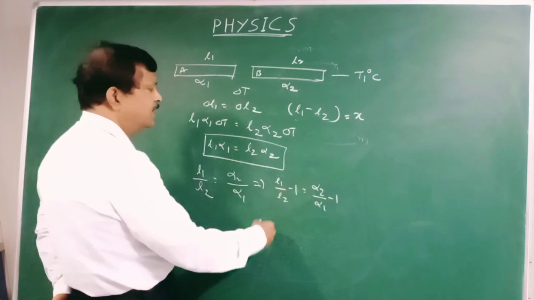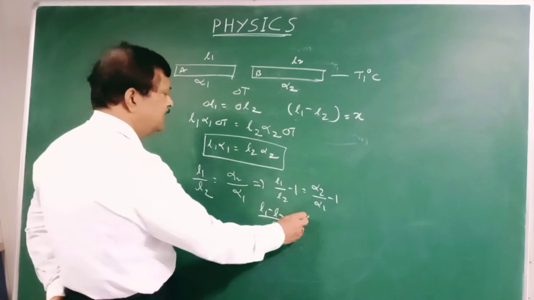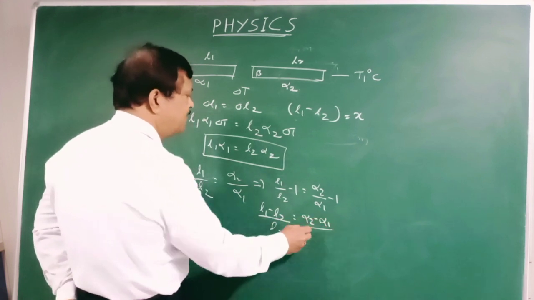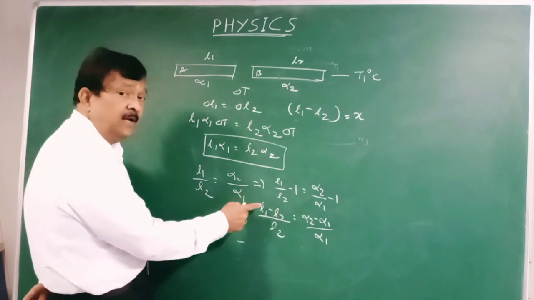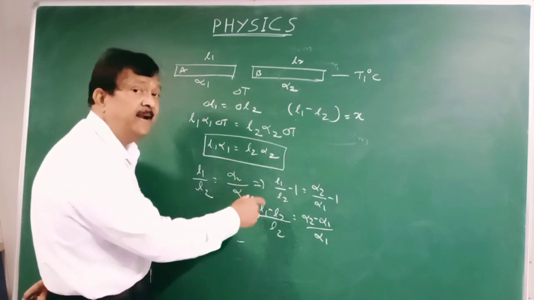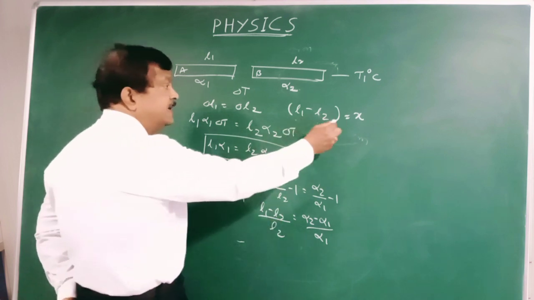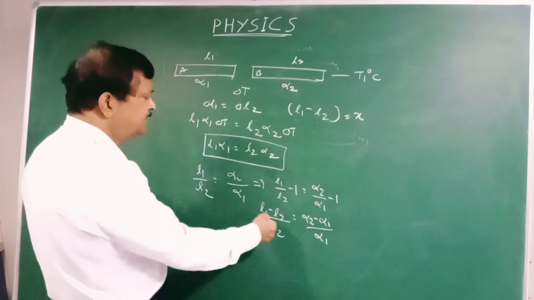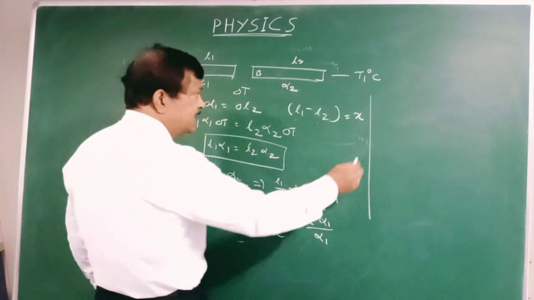Taking LCM, you will get the result L1 minus L2 by L2, that is alpha 2 minus alpha 1 by alpha 1. Now L1 minus L2 is the factor which we wanted to maintain as a constant. That is the difference between their lengths. We have said it is nothing but x. So using this relation, L1 minus L2 is x.